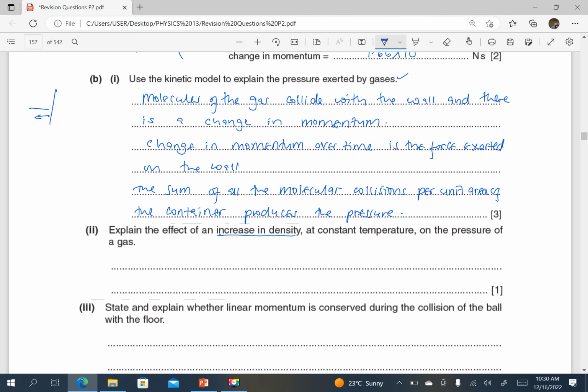If the density is increasing, it means we now have more molecules per unit area. If we have more molecules, then we are going to have more collisions, and if we have more collisions, we shall have a greater pressure. How do we increase the density of a substance? By increasing the number of molecules. So increasing the density means more collisions per unit time.